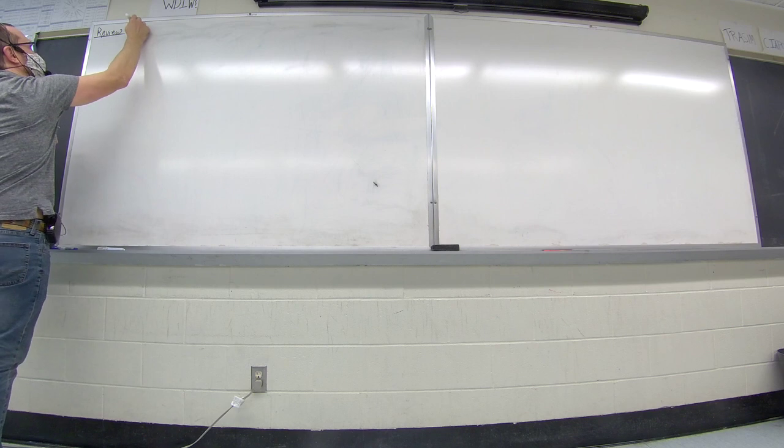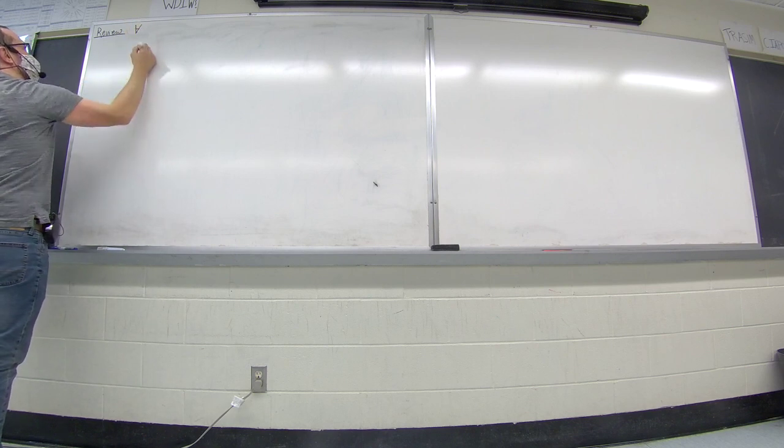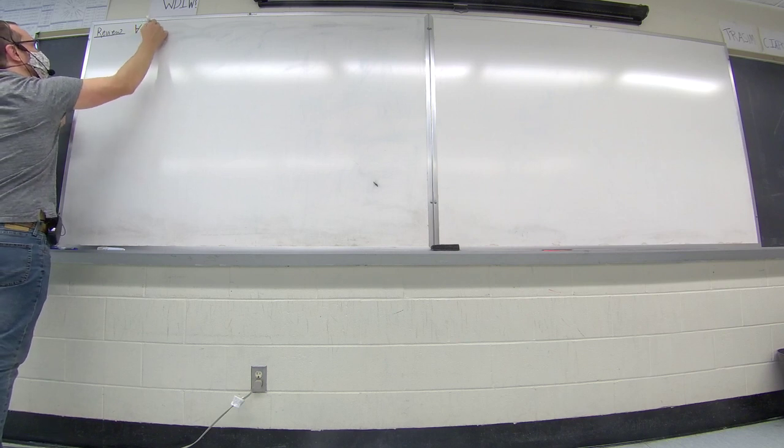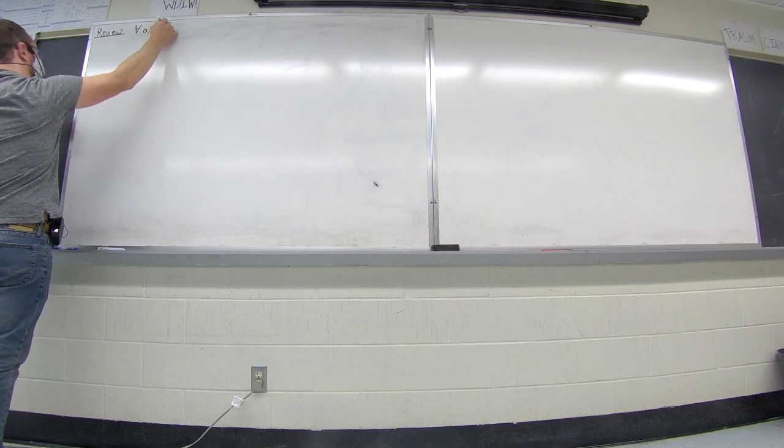This symbol here. You might not know that symbol. That means for all. A, B, in the set of positive real numbers and 0.